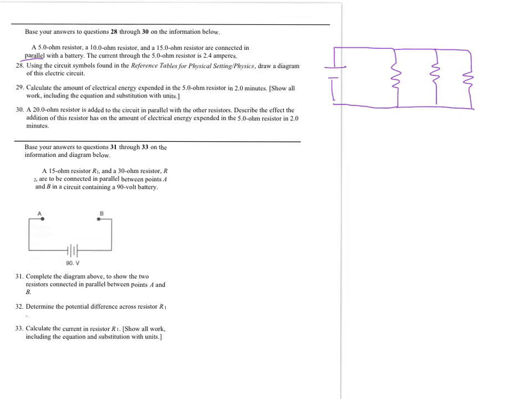And they told us that the current through the 5 ohm resistor is 2.4 amps. So first let's label these: 10 ohms and then 15 ohms.